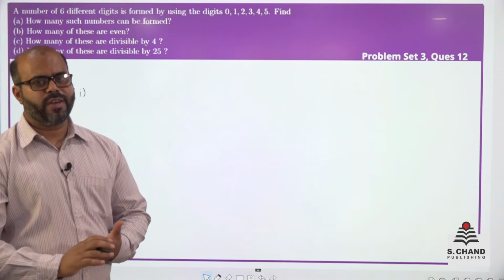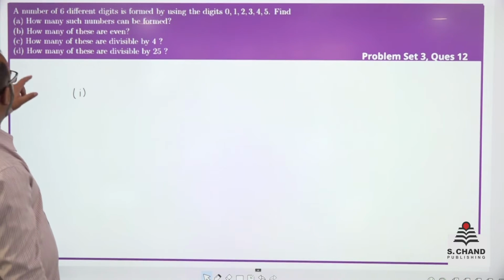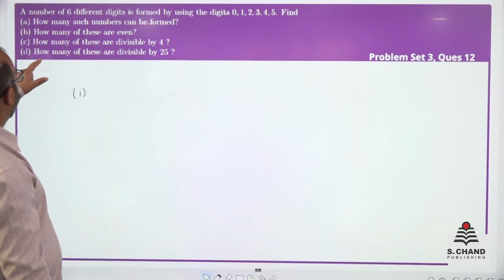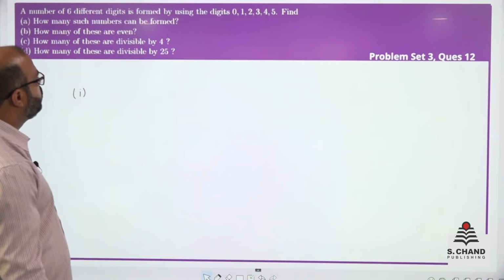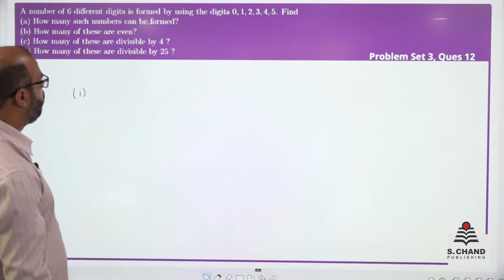Some are on the number of letters, some are on the number of digits.